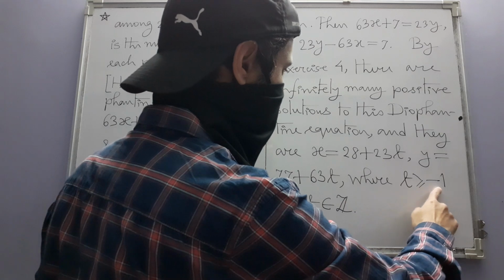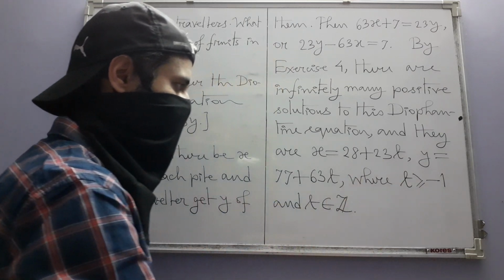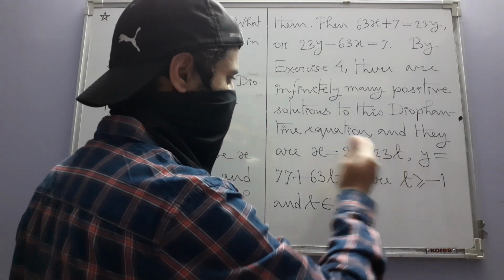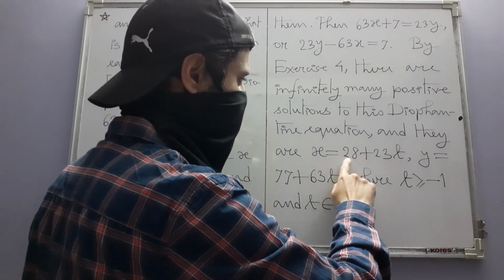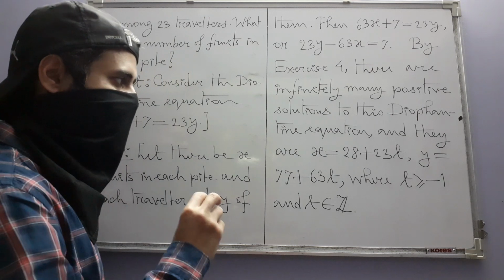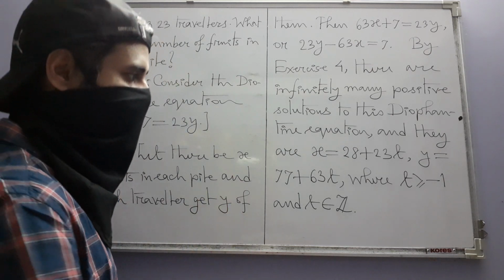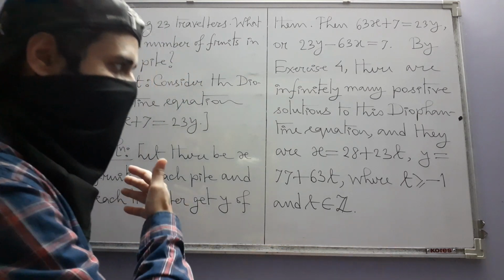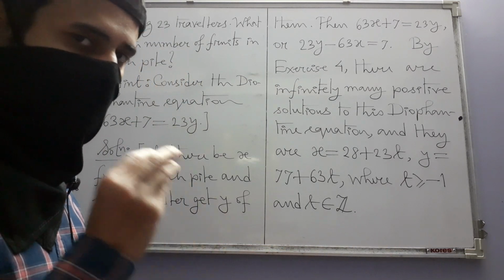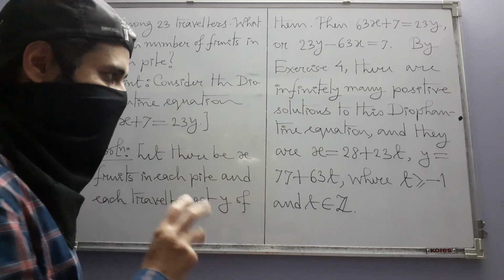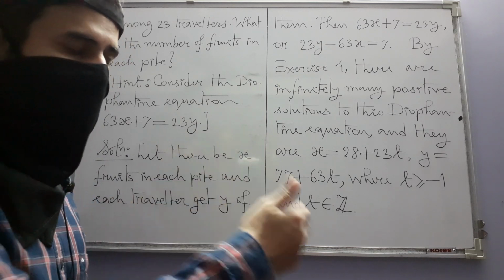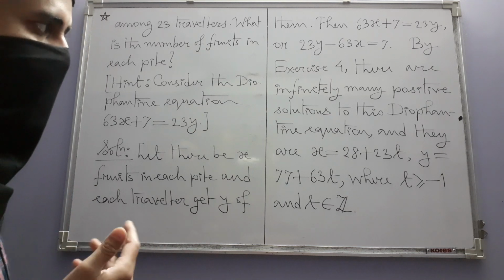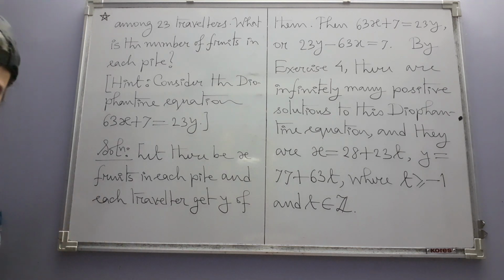Any t that you choose, starting from -1 and then choosing higher and higher values: you take -1, you get 28 minus 23, so x equal to 5. Then you take t equal to 0, you get x equal to 28. So all these numbers you are getting are possible numbers of fruits in each pile. That way you are going to get infinitely many numbers. Each one of them is an answer to this problem.